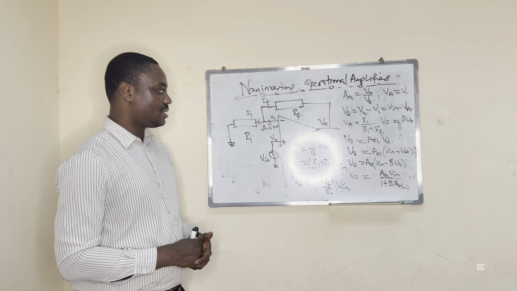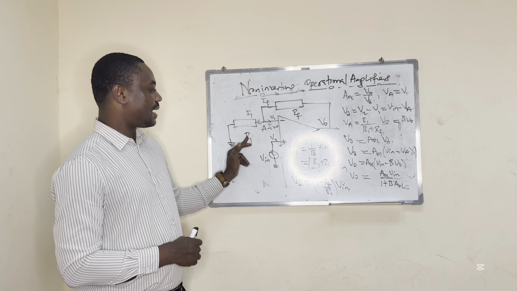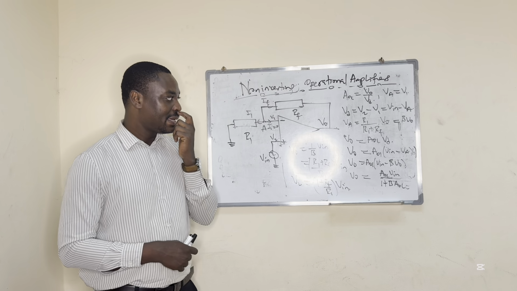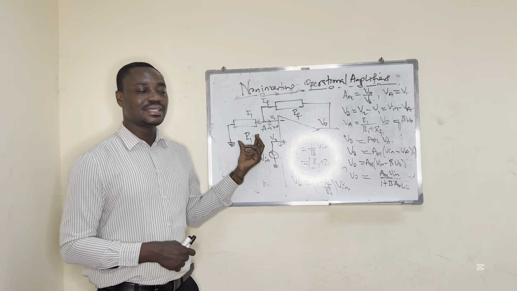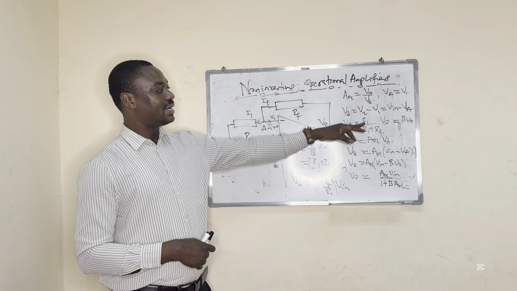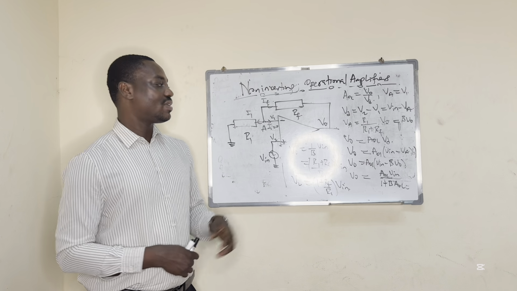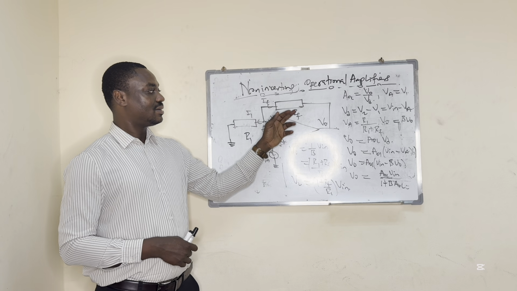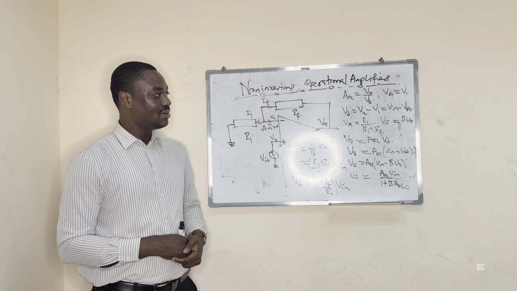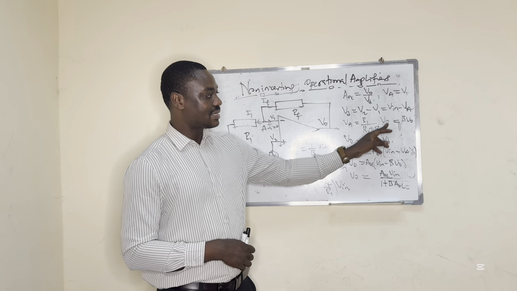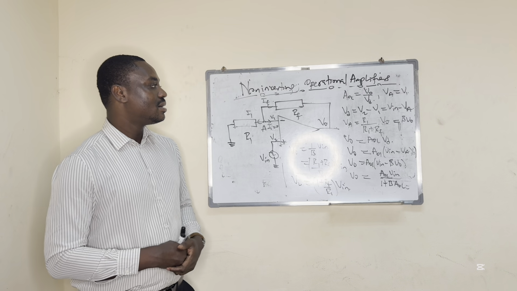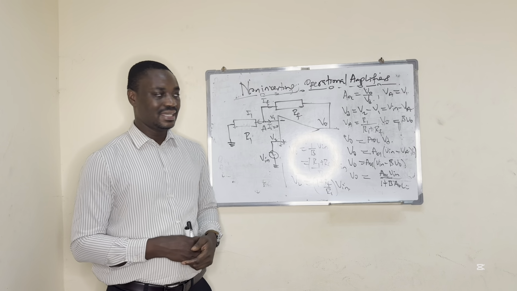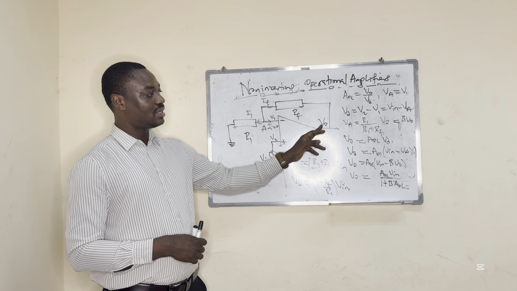We use our understanding of applied electricity. You can see that RF and R1 are in series because they have the same current passing through them. In that case, if I want to find the voltage across R1, that is going to equal its resistance, R1, over the sum of the resistances connected in series, which is R1 plus RF, times the voltage supplied to those series-connected resistors, which is the output voltage.